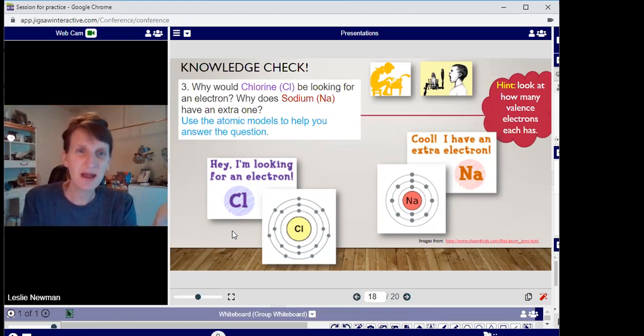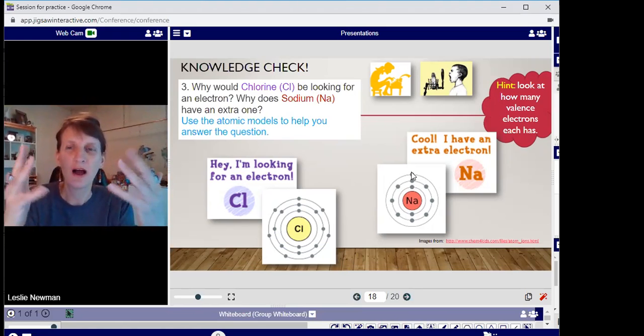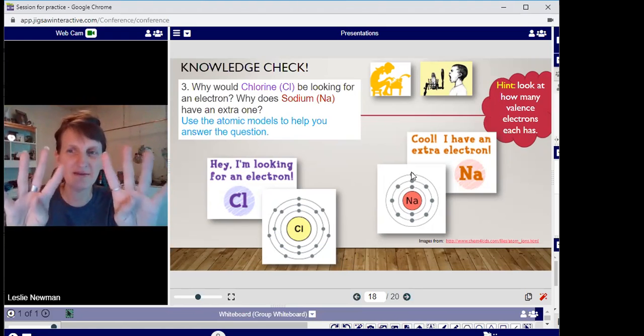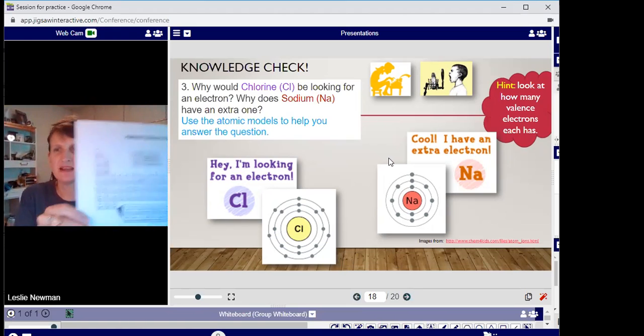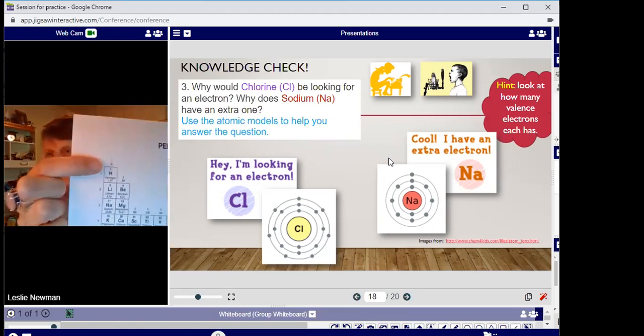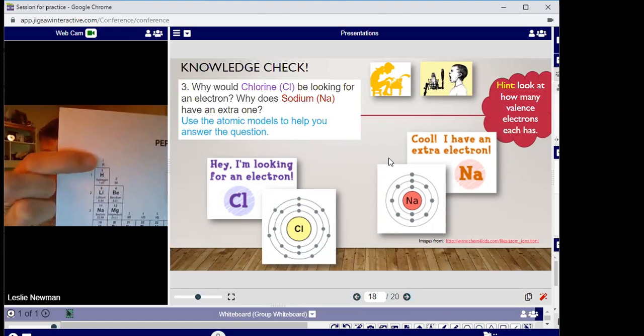And why does sodium have an extra one? Well, it only has 1 valence electron. So the easiest way for it to get to that full octet, that full 8 valence electrons, is to just get rid of that one little electron. And you can see that sodium is over here. Na is sodium, and that's over here in group 1.